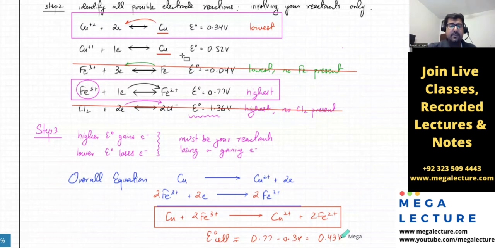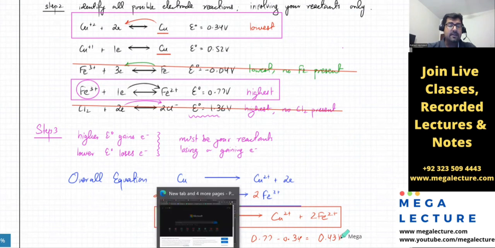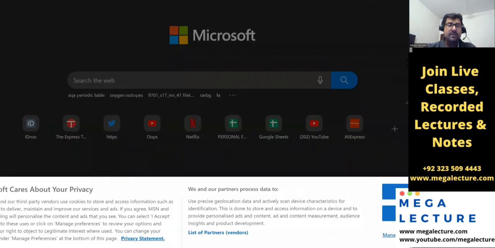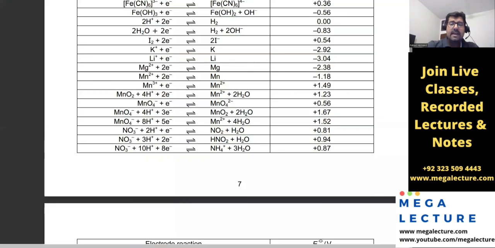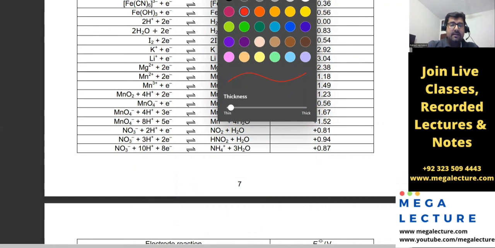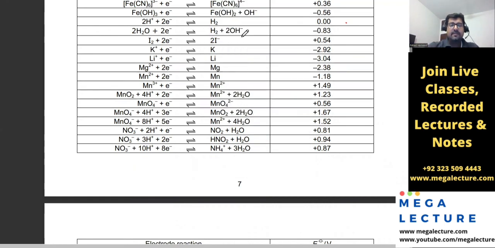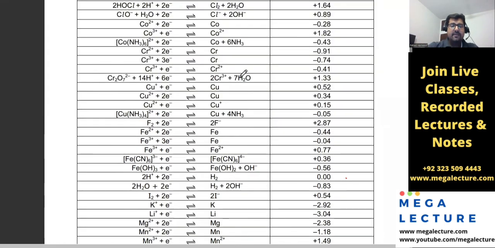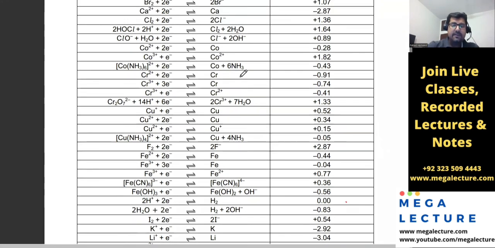So trying to do this quickly, remember we just wasted time doing all of this, right? So I'm just going to try and do this on the data booklet now, everything from scratch. Things would be a lot quicker on the data booklet. One of my reactants was copper. Try and figure out all your copper equations.